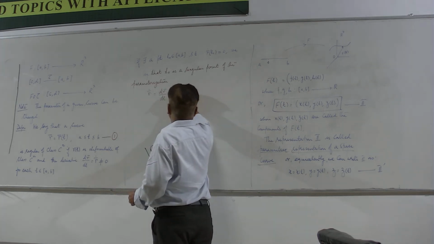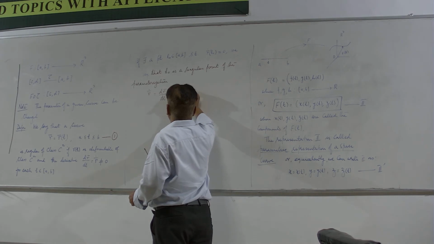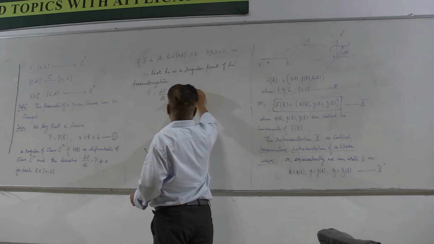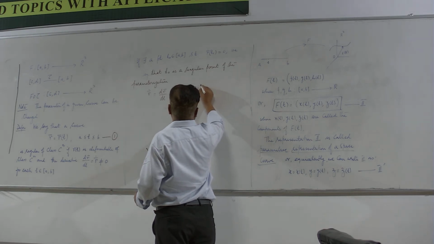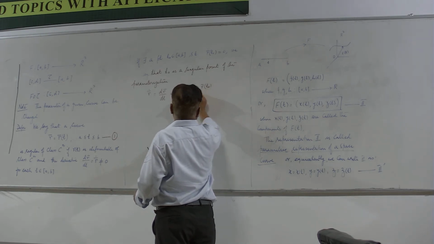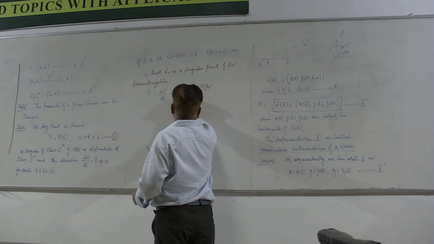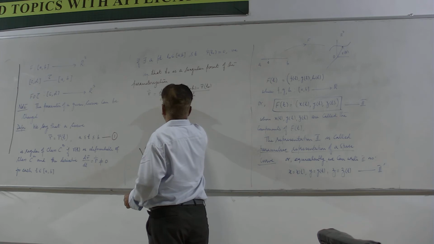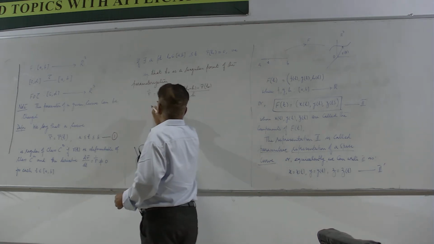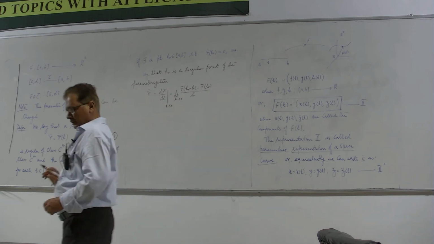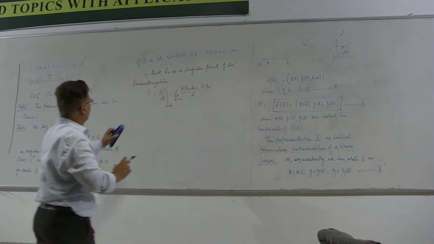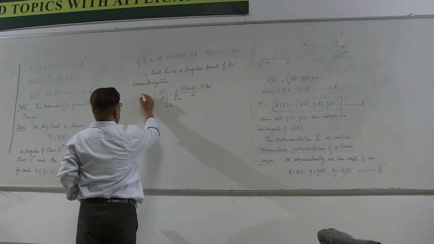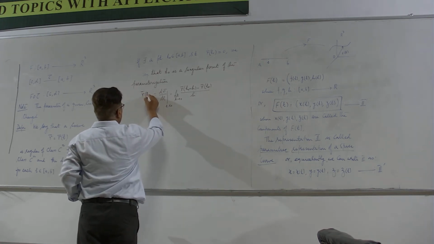It is nothing but the limit as h tends to 0 of r of t naught plus h minus r of t naught upon h. This is the derivative at t equal to t naught, or you can write r dot t naught.